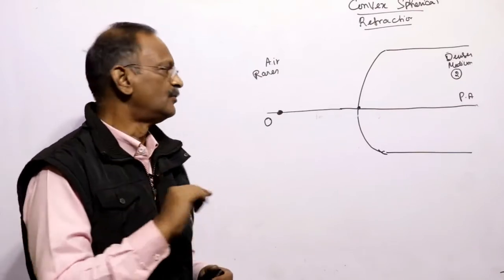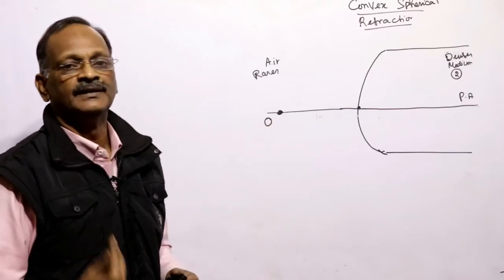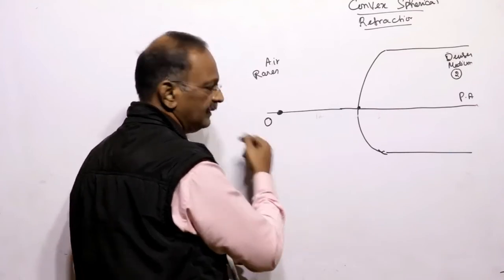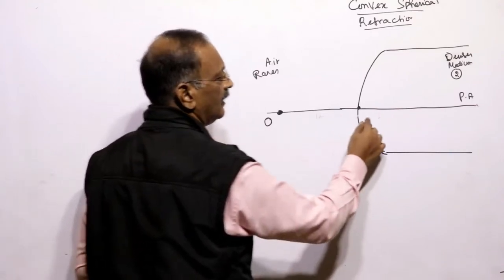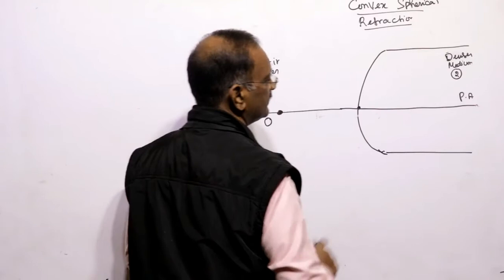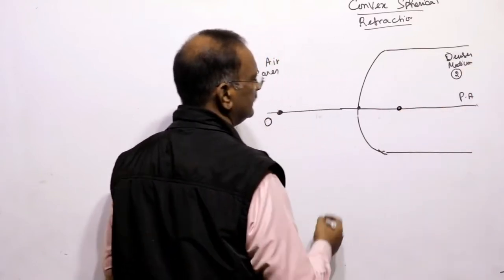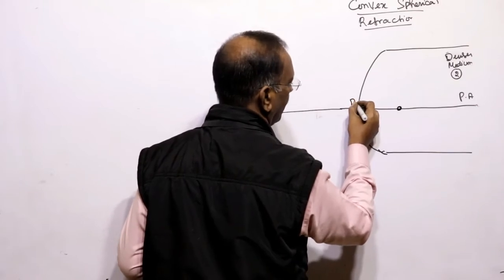But here there is no problem. Since it is a point object, we need to calculate only the distances from the pole up to the object, the image, and the center of curvature. The center of curvature will be somewhere here. This is the pole.